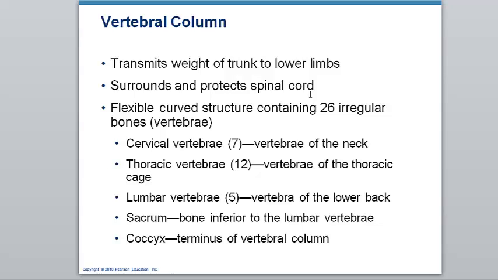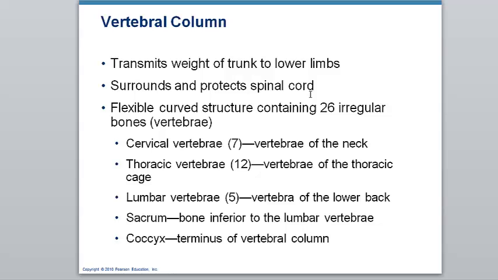Cervical region, you have 7 vertebrae. Thoracic region has 12 thoracic vertebrae to help form your thoracic cage. Lumbar vertebrae are 5. Sacrum are fused bones inferior to the lumbar vertebrae, and coccyx also is fused bone that forms your tailbone.